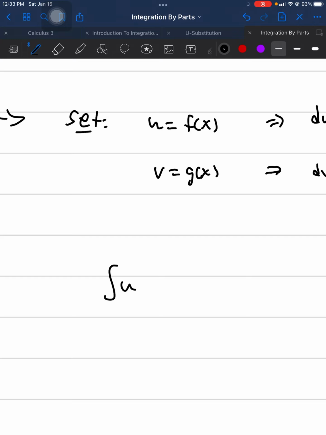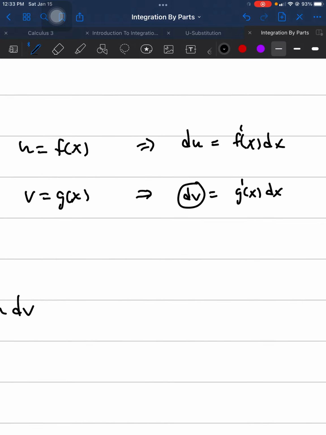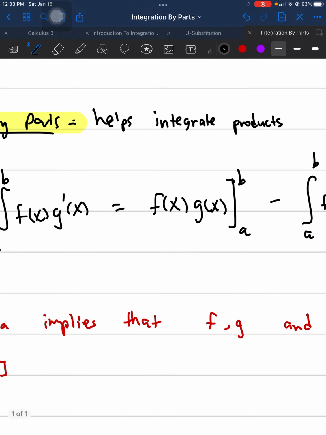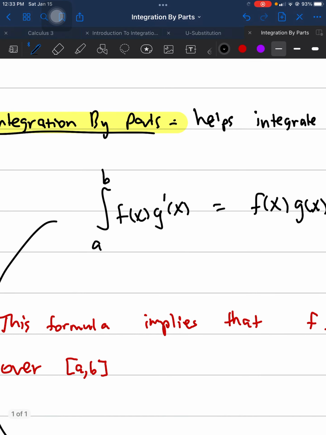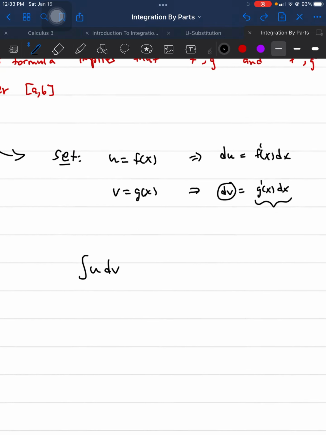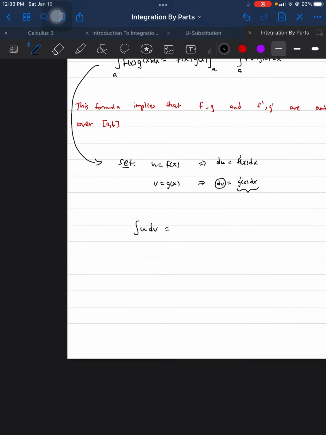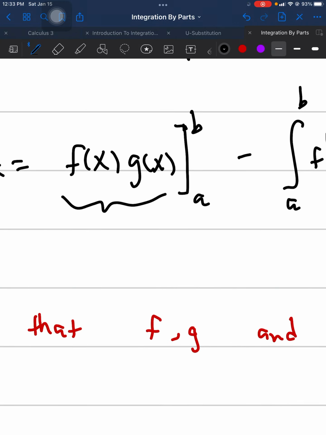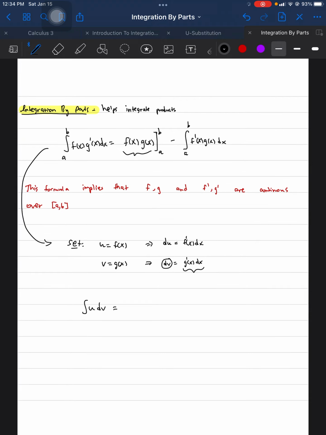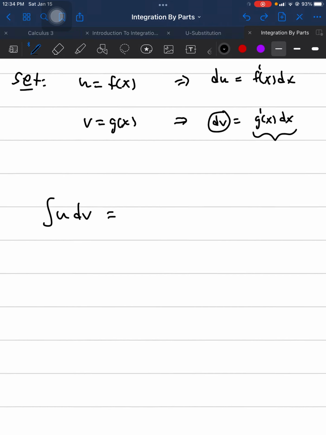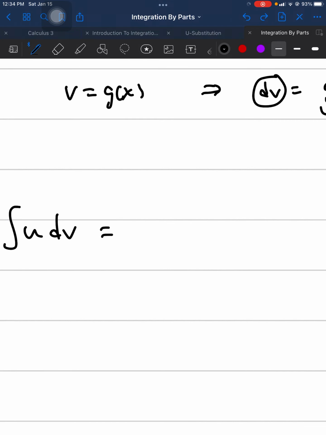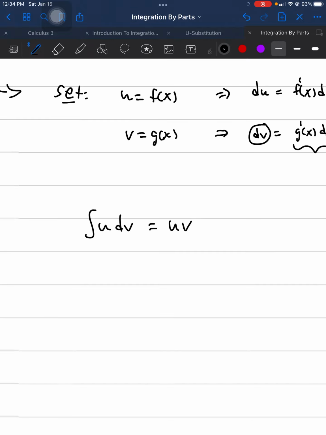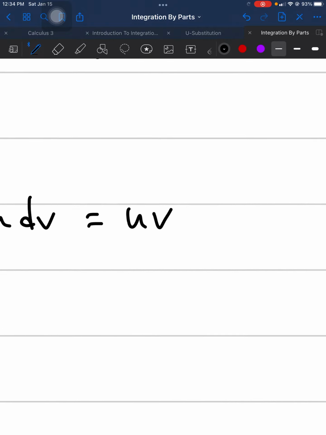We know u is f of x, and dv is equal to g prime of x dx, and we have that right here. Which is going to be equal to f of x times g of x evaluated from a to b. So we can just write uv.